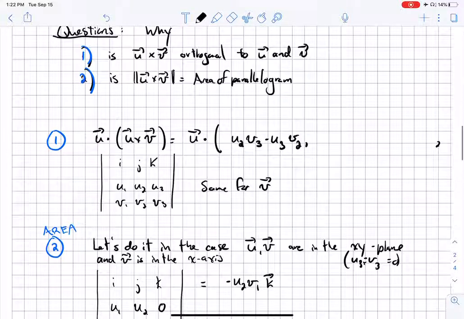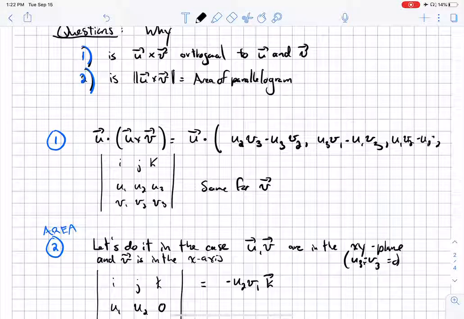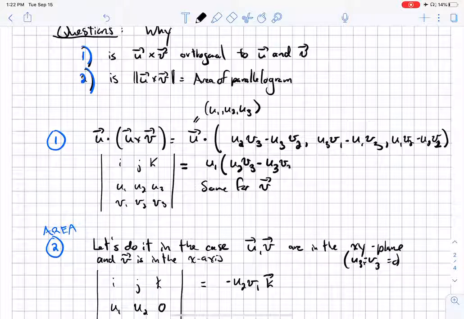In the j coordinate, I get u3 v1 minus u1 v3. And in the z coordinate, I get u1 v2 minus u2 v1. And this u has coordinates u1, u2, u3. Then I do the dot product, and if they're orthogonal, this should be 0. So I get u1 times the x coordinate of the cross product plus u2 times the y coordinate, and same thing for the third.